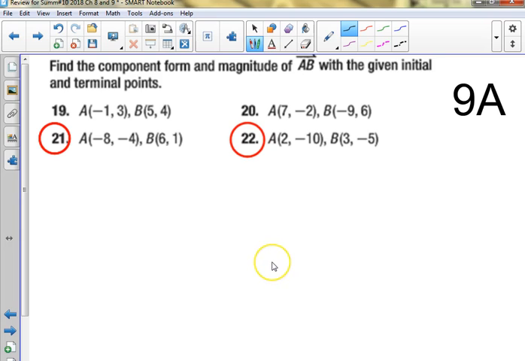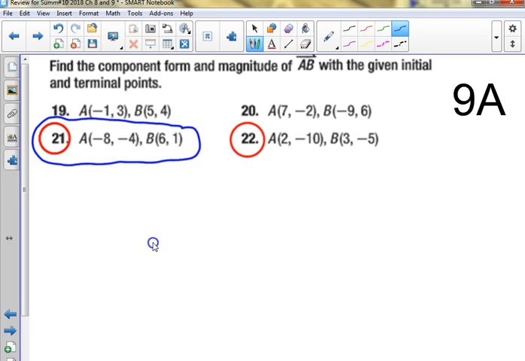All right, this is off worksheet 9A, it says. Or it's bookwork assigned on 9A, but it's actually shown on the gold sheets. Kind of, it's 21 and 22. All right, I don't know why this is so hard for students, but when you're given the ordered pairs, asked to find the component form, and then magnitude.